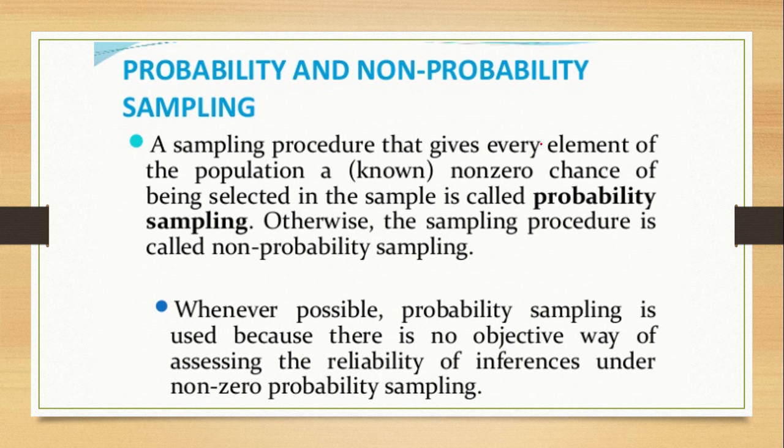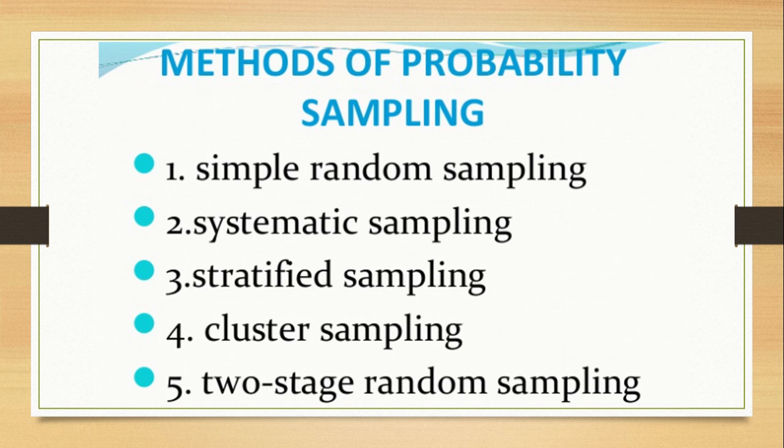A sampling procedure that gives every element of the population a known non-zero chance of being selected in the sample is called probability sampling. Otherwise, the sampling procedure is called non-probability sampling. Whenever possible, probability sampling is used because there's no objective way of assessing the reliability of inferences under non-probability sampling.